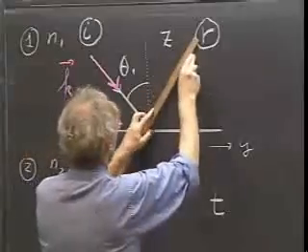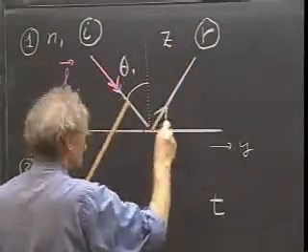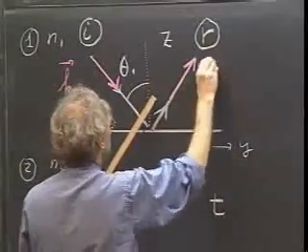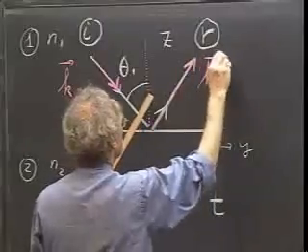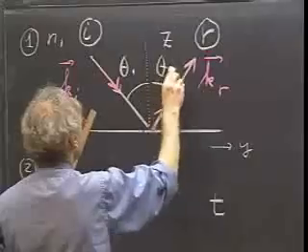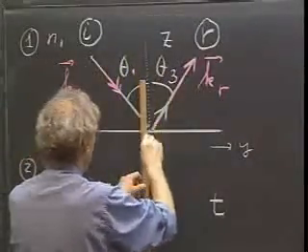And then there will be a reflection at this surface. And so I'm going to put in here k reflected. And this angle I will call theta 3. I will show you shortly that theta 1 is the same as theta 3.